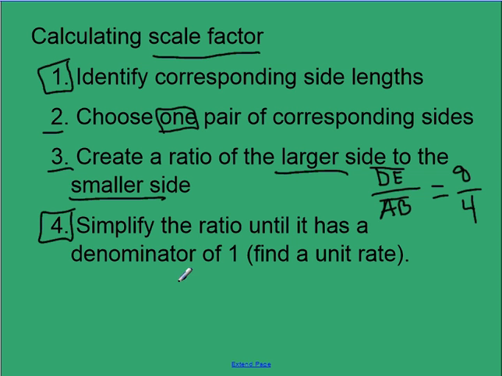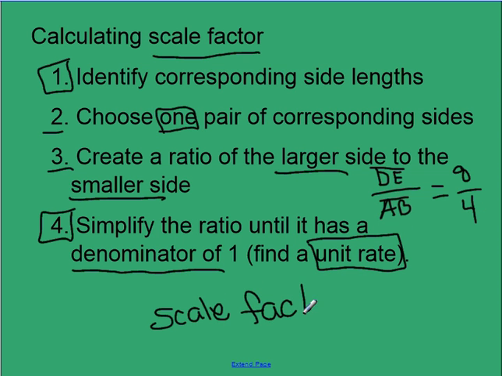Step 4 in this process is to simplify the ratio until it has a denominator of 1. That denominator of 1 should give you the heads up that we are finding a unit rate. So all we need to do is take our numerator, which is 8, divide it by our denominator, which is 4, and we find out that the scale factor here is 2. Okay?